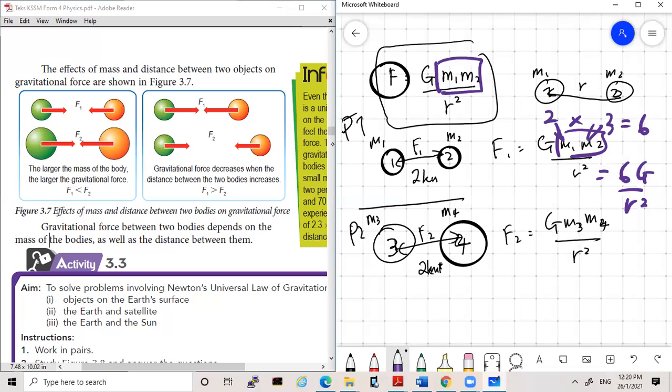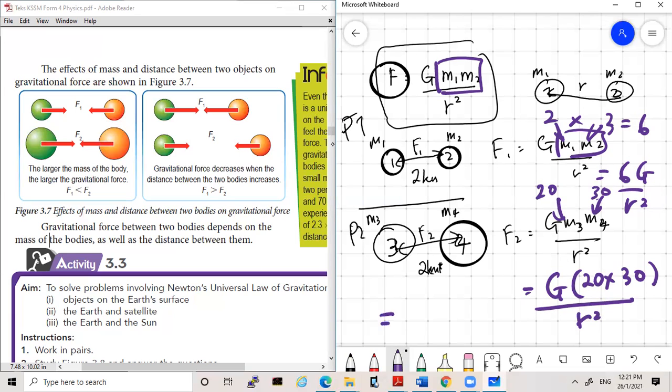With the same distance R but much larger mass, let's say M3 is 20 and M4 is 30, we will get G times 20 times 30, M3 times M4, divided by the same distance, R squared.